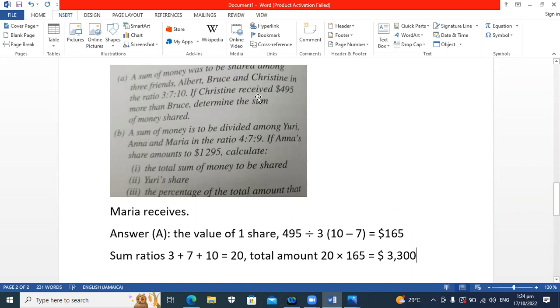The total amount, the 1 share. Would you subtract the total amount to get what?